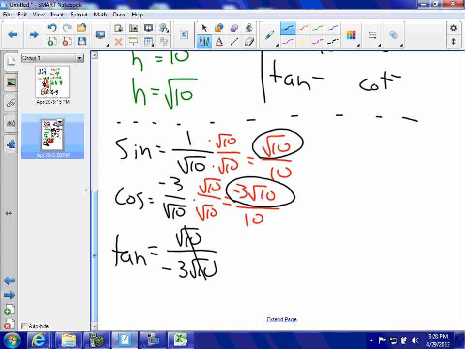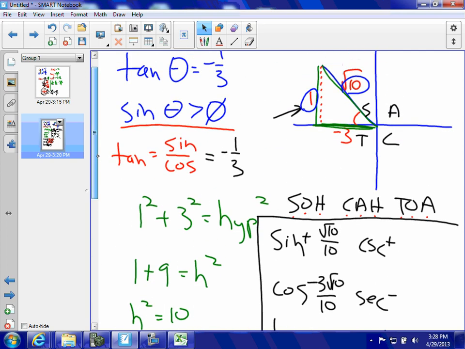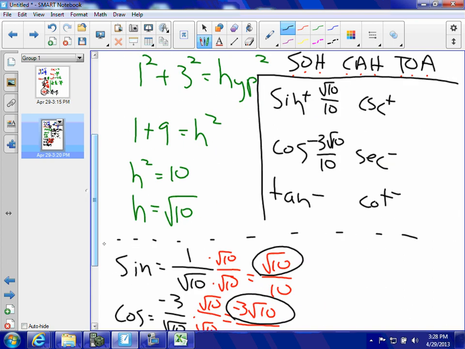Radical 10s cancel out. I get negative 1/3. And in thinking about it, I didn't really need to do that because I was told as part of the problem the tangent is negative 1/3. But I did it and just showed it to you. So tangent is negative 1/3. So cotangent is going to be pretty easy. Cotangent is going to be the reciprocal of tangent. That's going to be negative 3. And as far as secant goes, that's going to be the reciprocal of cosine.